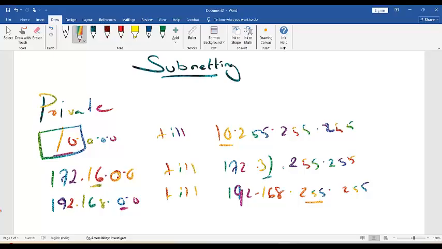Right, so subnetting improves security, subnetting provides a dedicated range of addresses, and subnetting helps to have multiple local area networks within the organization so that there will be total isolation between departments. If you don't do subnetting, all departments will be in one big group. It's of no use.